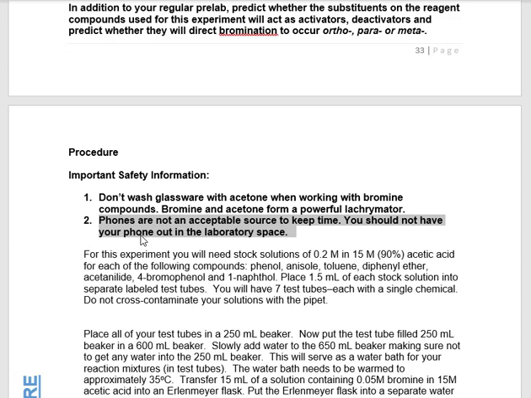You touch your phone, and the chemicals are now on your phone. What are you going to do as soon as you leave the lab? You're going to talk on the phone like, hi Bettina, can you believe that this happened in lab? Oh no, you just poisoned yourself. So that is why we do not want phones being used in the lab.